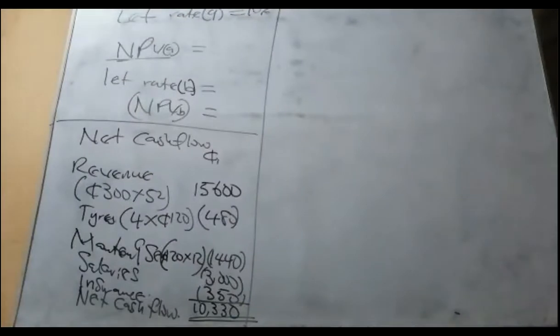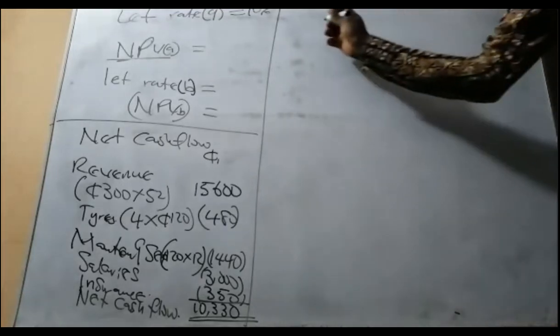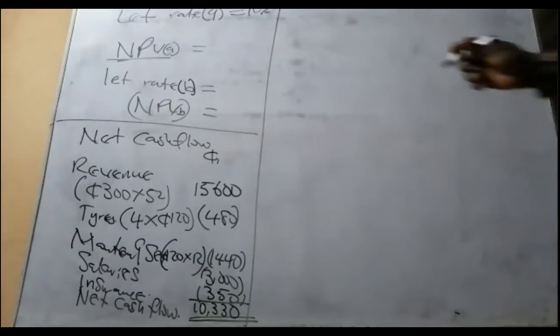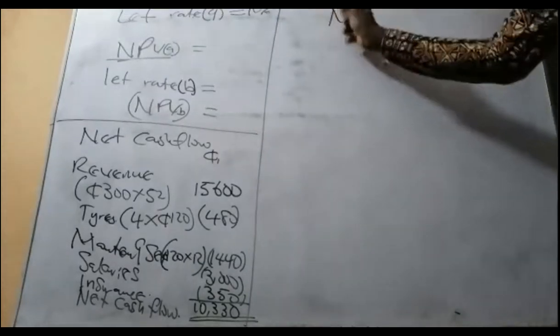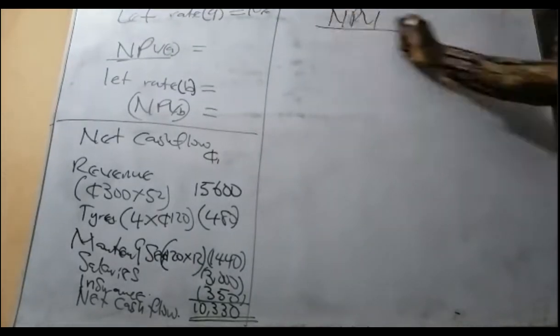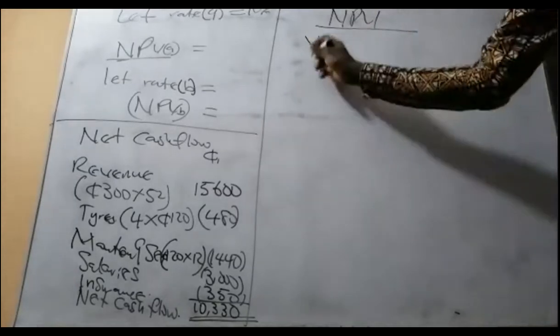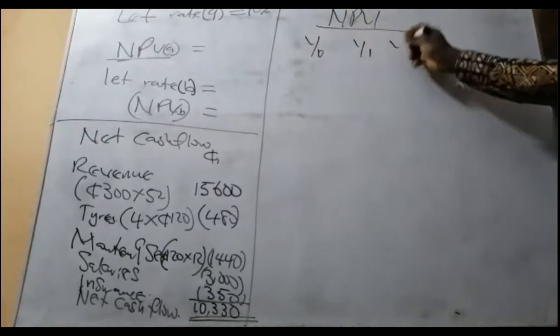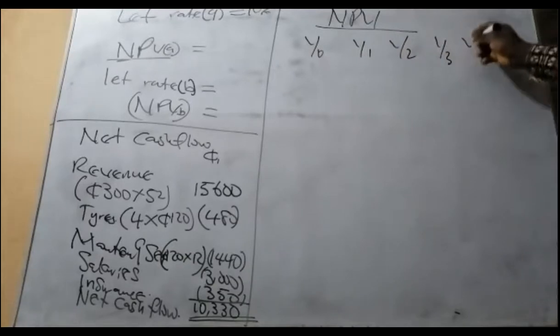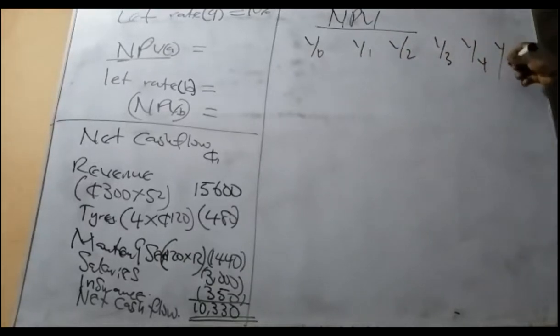If the inflation had not been in the question, then this is what we would do. In calculation of the NPV, we just start the examiner: year 0, year 1, year 2, year 3, year 4, year 5.